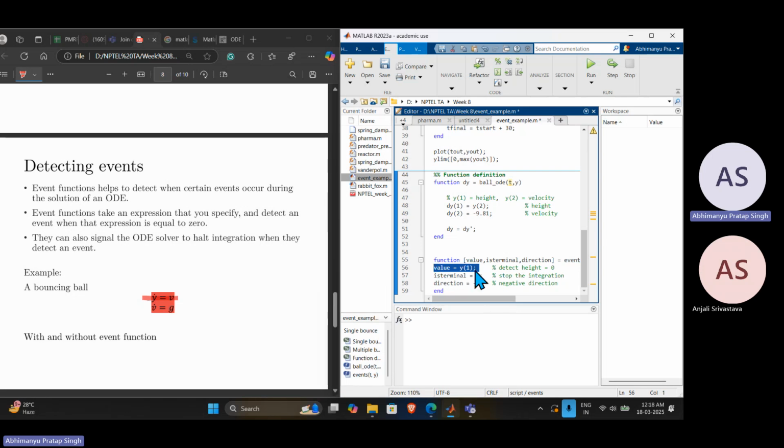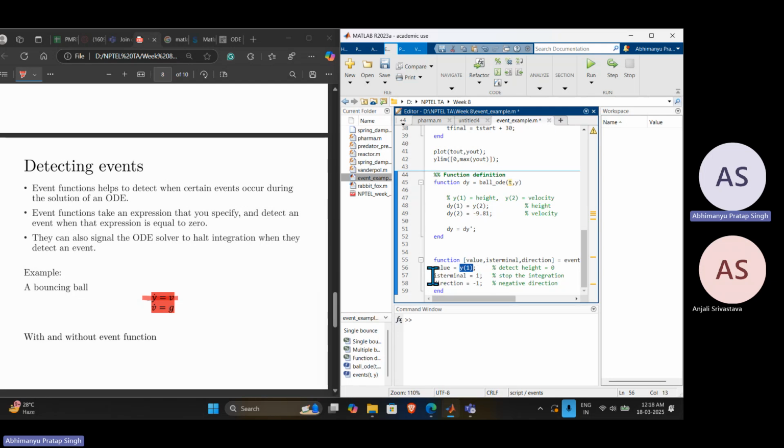I can give any condition I want. It need not be a simple one-term expression. It can be a complex expression. You can do a lot of things inside, and whatever final expression you want to check for zero crossing, you just enter that over here in the value field.